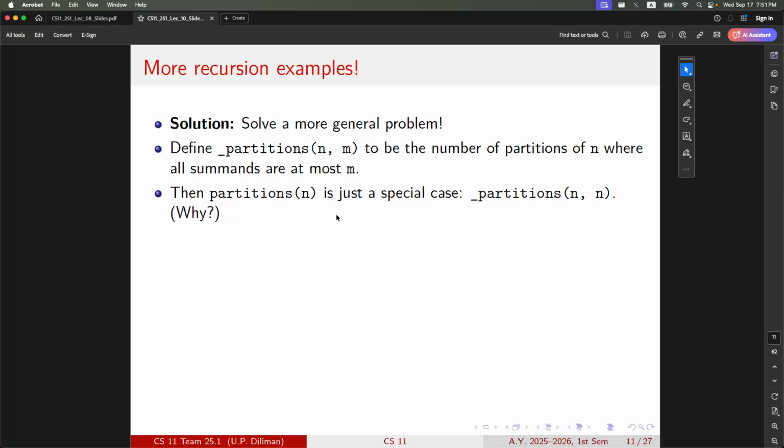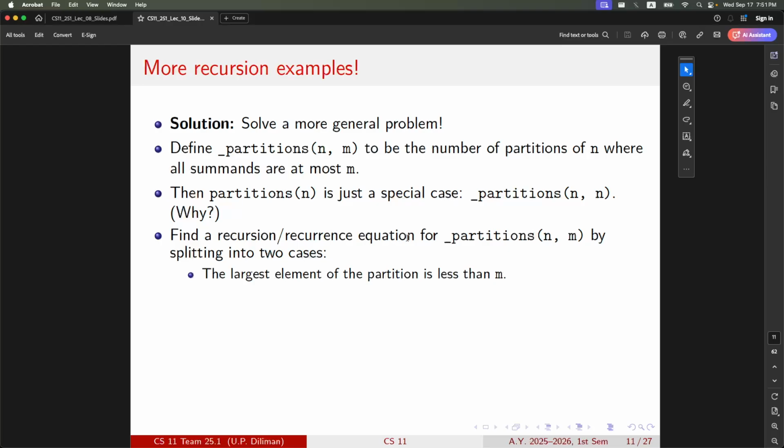Well, for a given n and m, let's see. We can split our decision into two cases.